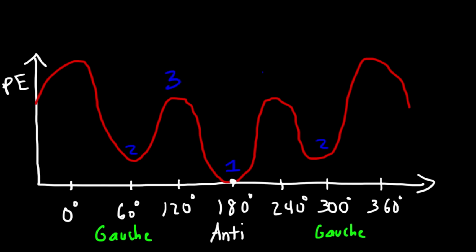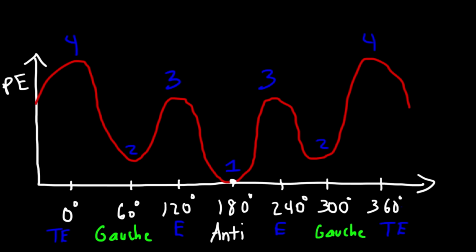And then structure number 3 was the eclipsed conformation, which I'll write E for eclipsed, and it had two angles, 120 and 240, which we see here. And then structure number 4 was the least stable, so it has the highest potential energy, and it had a dihedral angle of 0, so that was the totally eclipsed structure, and 0 and 360 are the same.